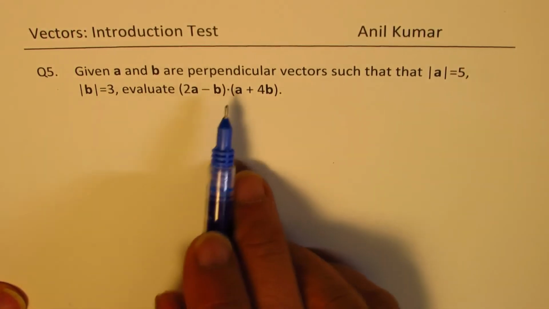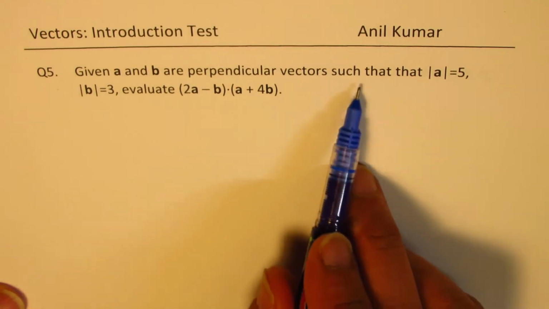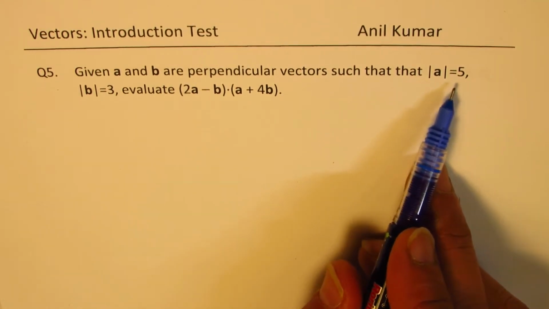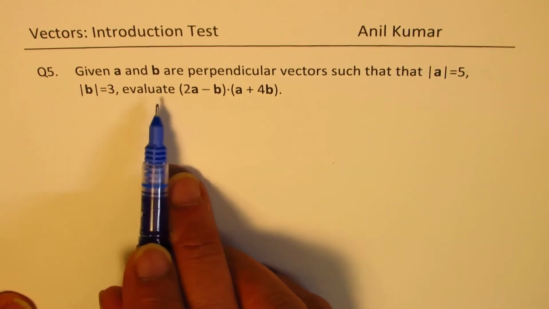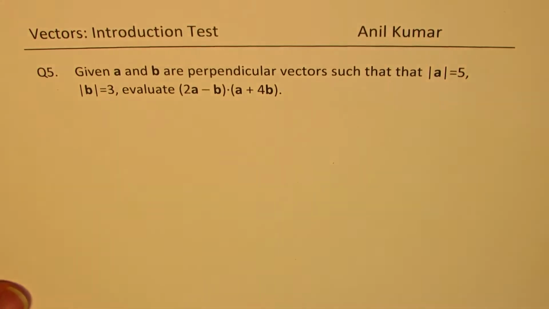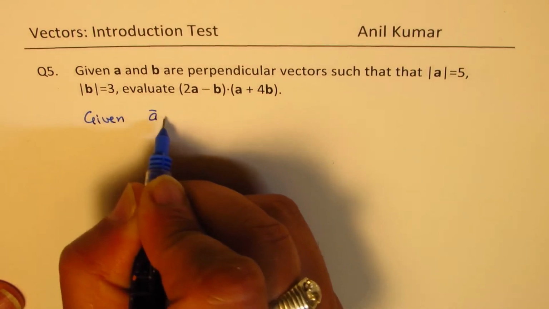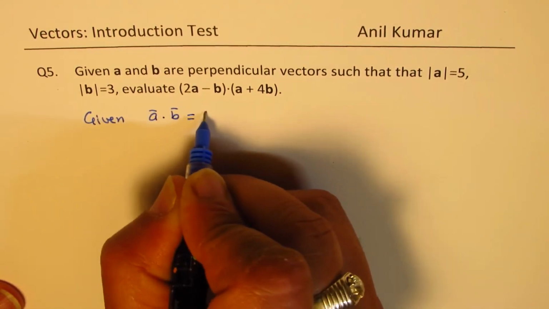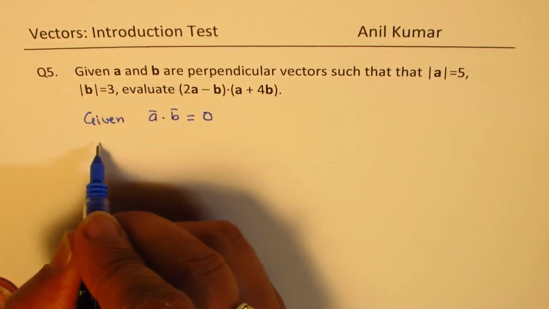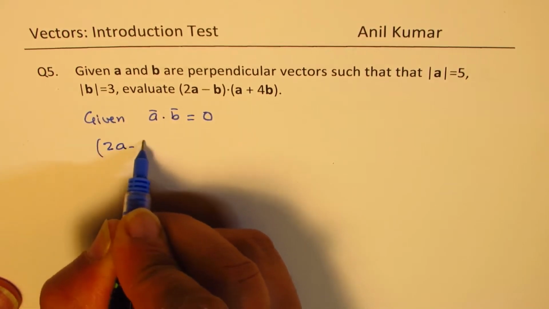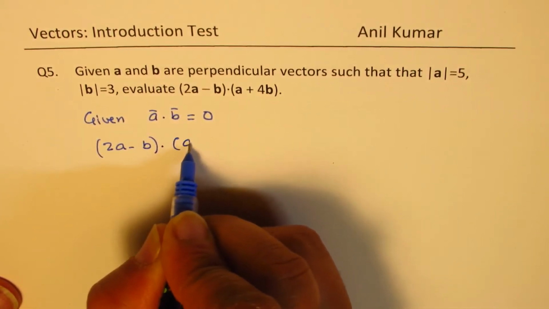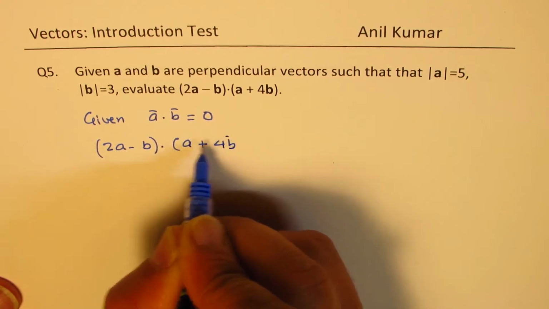Given a and b are perpendicular vectors such that the magnitude of a is 5 and the magnitude of b is 3, evaluate this vector. Okay, so now we are given that a dot b is equal to 0. We have to evaluate 2a minus b dot a plus 4b, correct?